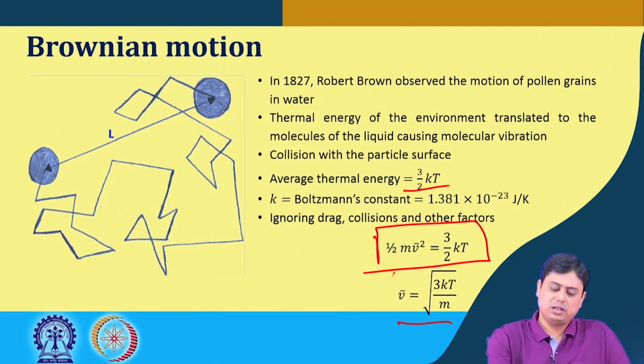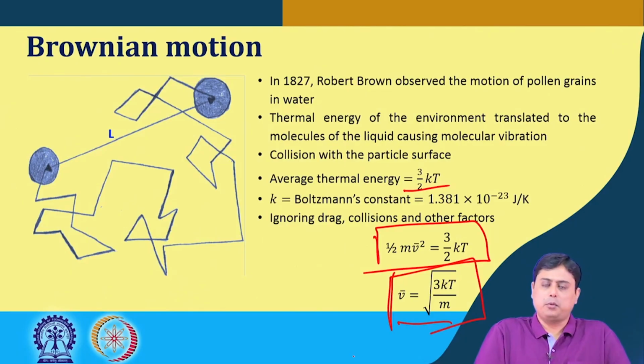So, this expression tells this simple thing, and it is useful to understand this phenomenon, that as the particles become smaller and smaller, the mass goes down, and as the mass goes down, it has a higher average velocity during this Brownian motion.